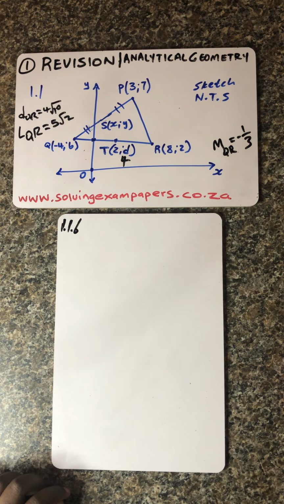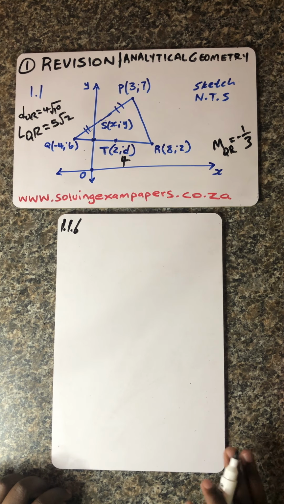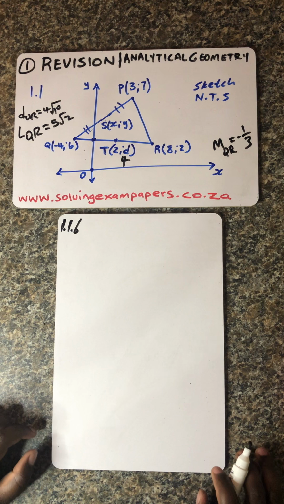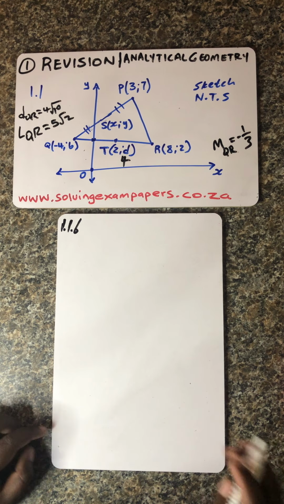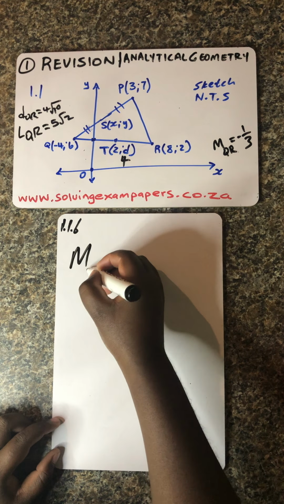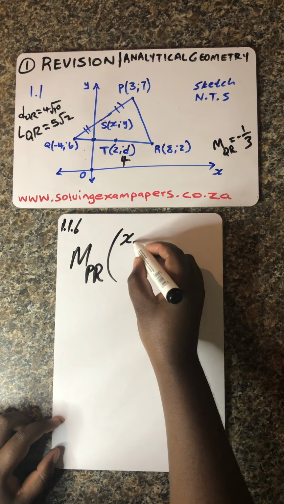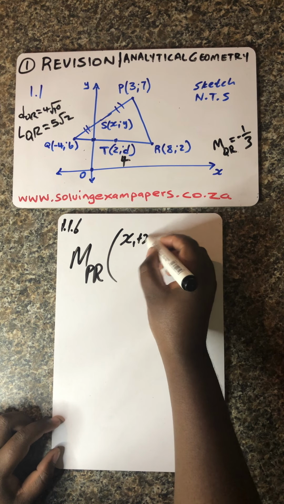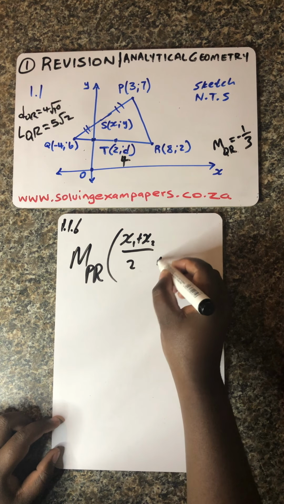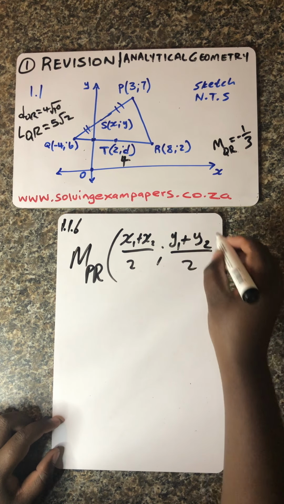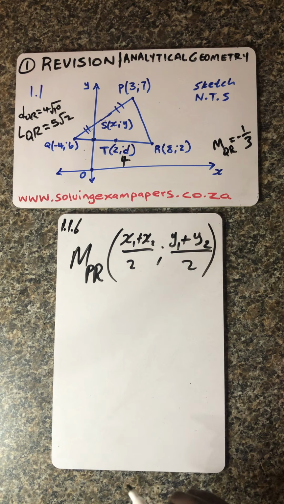Ladies and gentlemen, let's now maybe make use of this formula, the midpoint formula, to determine the midpoint of P and R. So midpoint of P and R, ladies and gentlemen. Obviously, same procedure. You can still say x1 plus x2 and y1 plus y2.